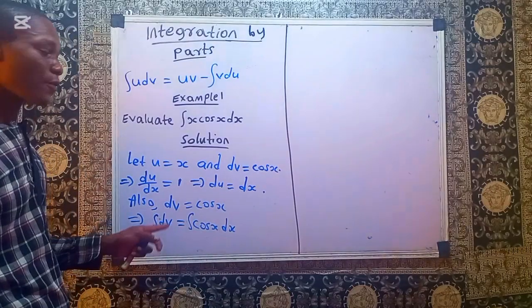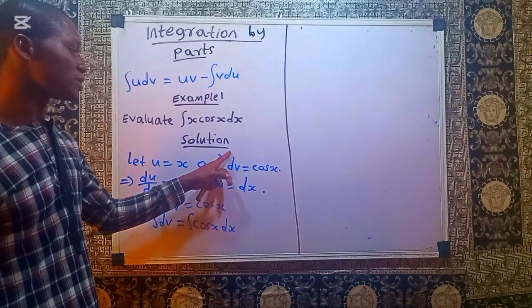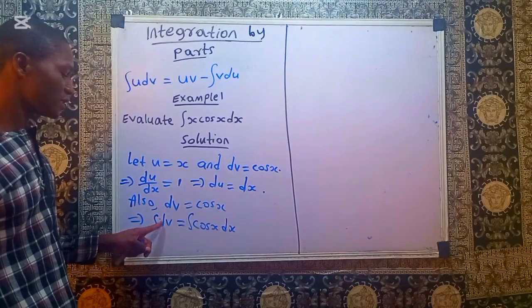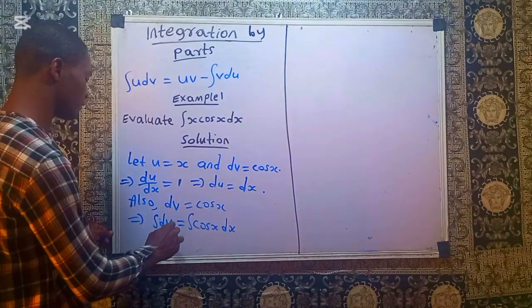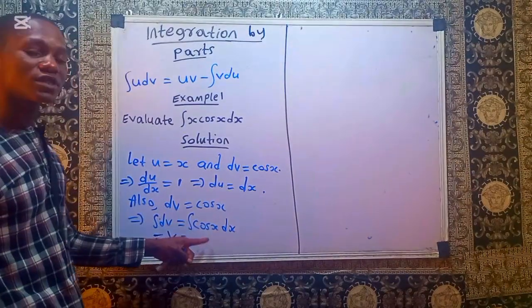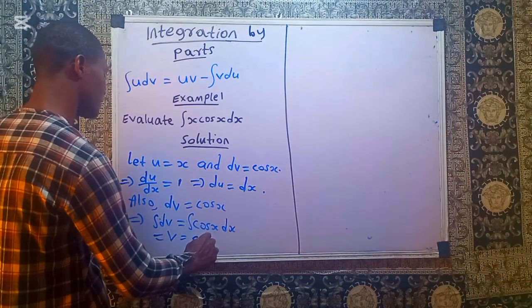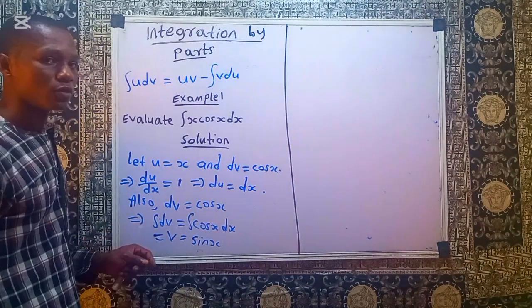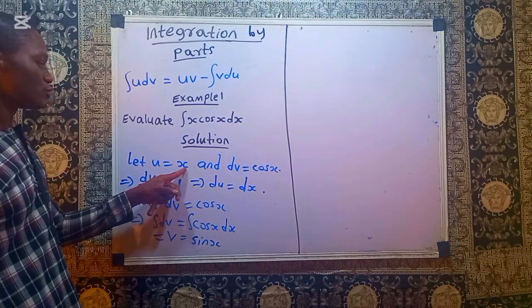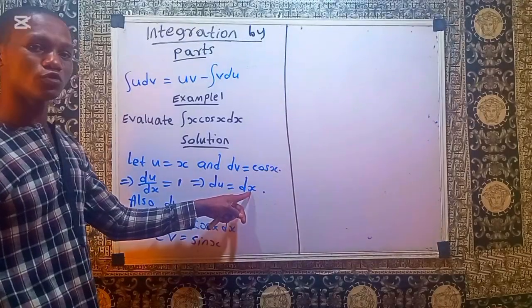So if I integrate both sides, the integral will cancel the derivative. What will be left is v. Then integrating cosine, we know that the integral of cosine is positive sine, so this will give you positive sine x. So I've gotten v.